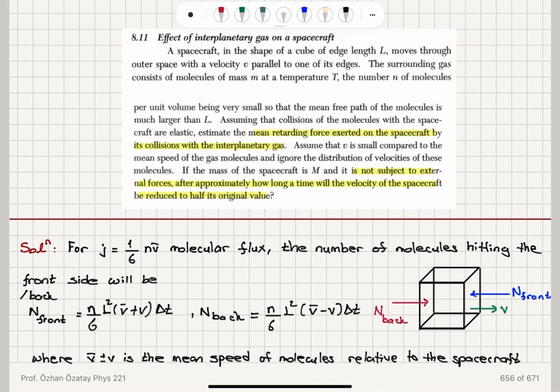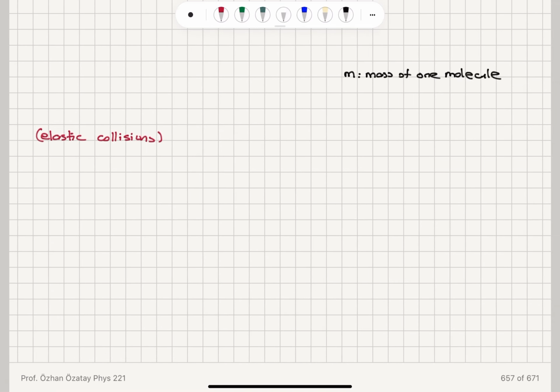Now I want to calculate the change in the linear momentum of the gas molecules, delta P gas. For the ones hitting from the front, because this is an elastic collision, they reflect with the same speed v bar.